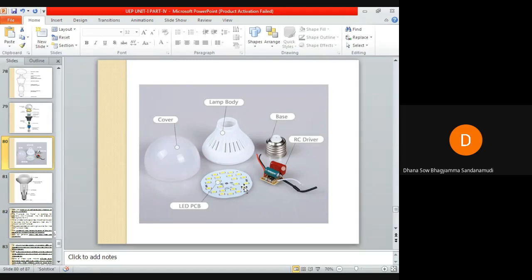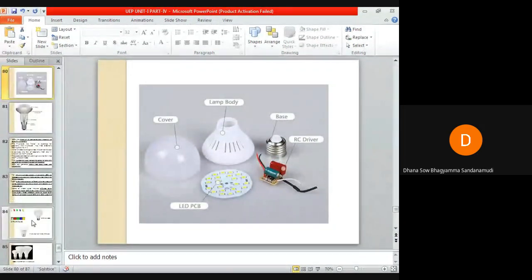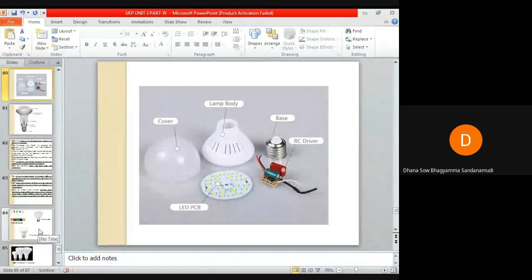For lighting purposes, several white color LEDs are stacked or clustered to produce the required lighting for any application. You can see several LEDs placed here on this printed circuit board. LEDs are available in different shapes, sizes, and styles depending on the application.